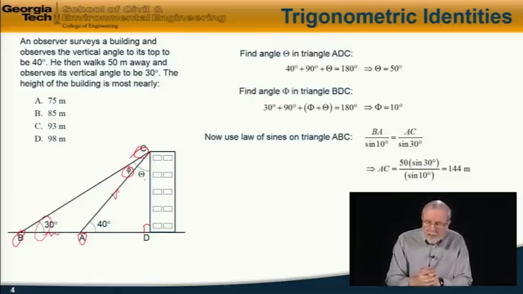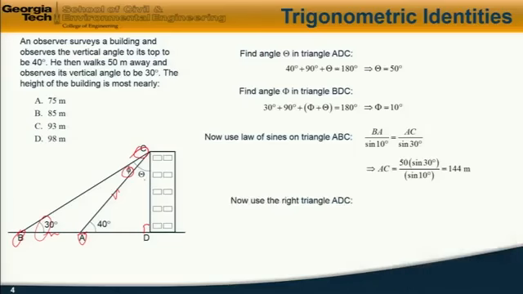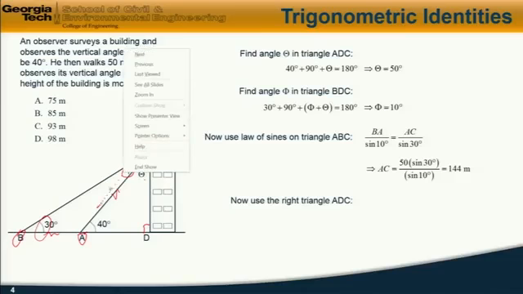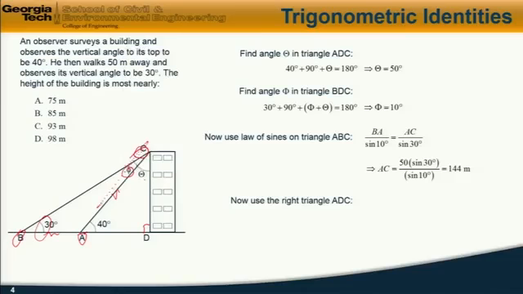So rearranging, we have AC is equal to 50 sine 30 degrees divided by sine 10 degrees, which is equal to 144 meters. And the final step is to look at the triangle ADC to find the height of the building. And there we see that DC is equal to AC sine 40 degrees. In other words, 144 sine 40, which is 92.6 meters. So the answer is C.